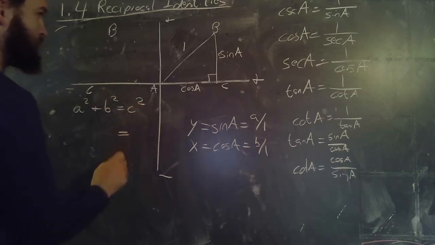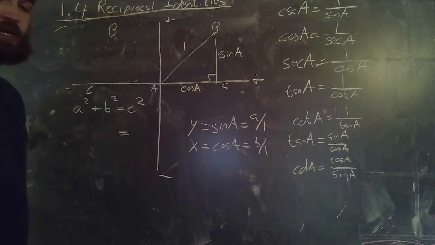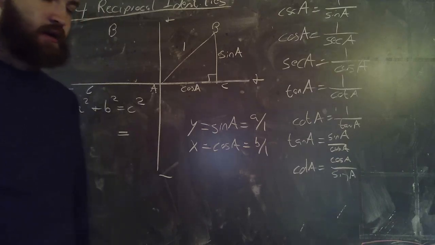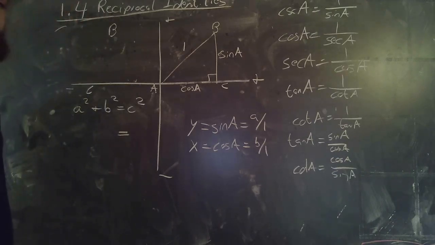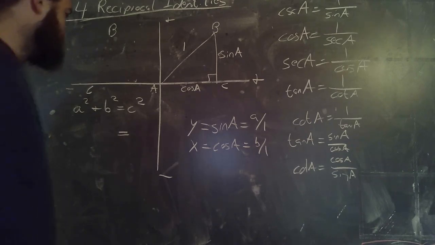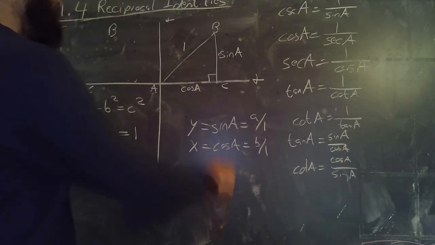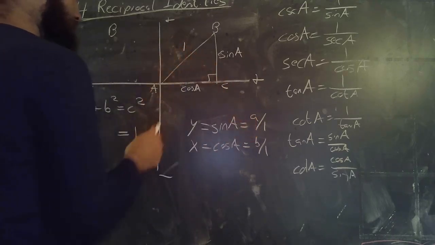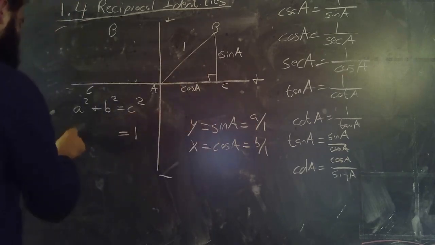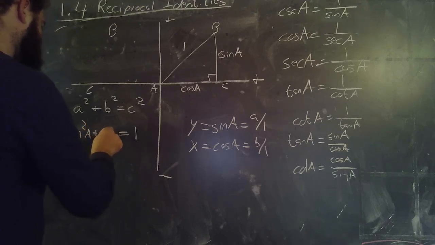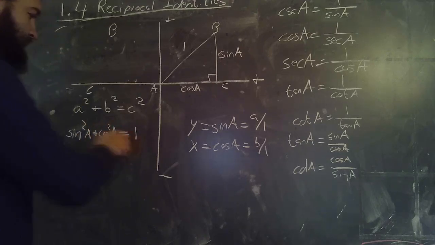But c squared is just 1, because the only way to get 1 as our side on that, the hypotenuse side on that triangle, is to take the square root of 1. So that means that c squared must also be 1. Well, notice that if a, when we have a triangle set up this way, is just sine, then we can write down that sine squared of a plus cosine squared of a is just 1.